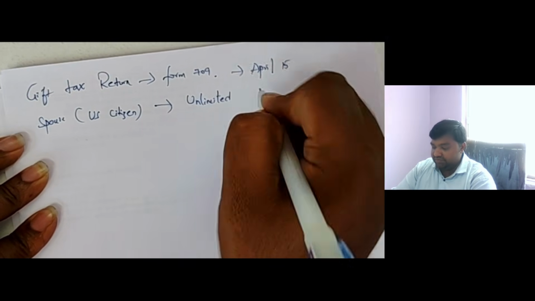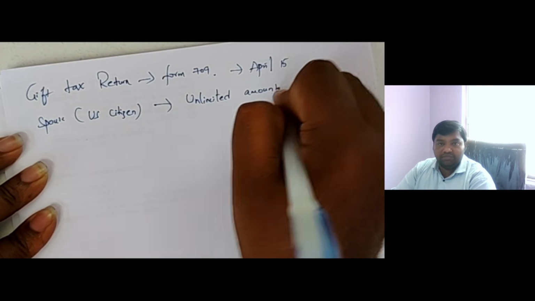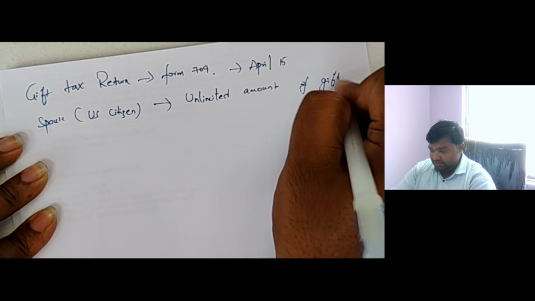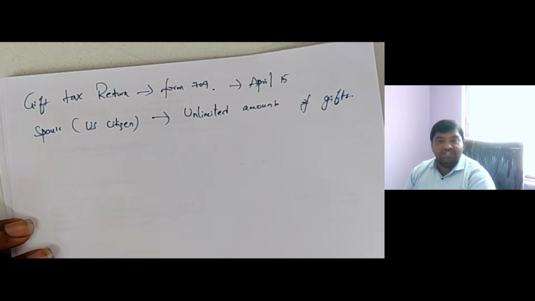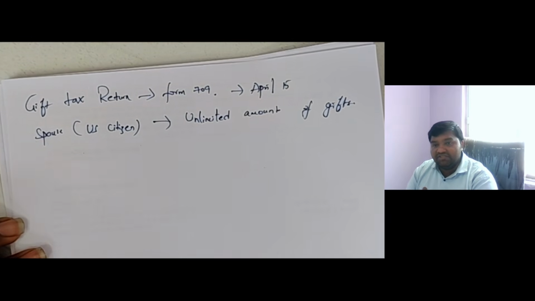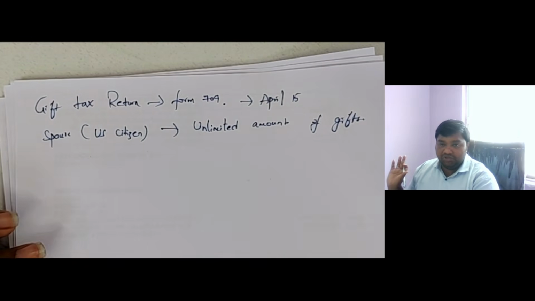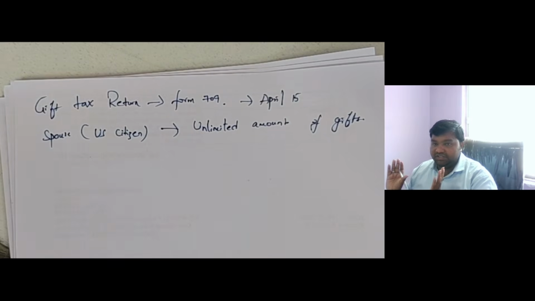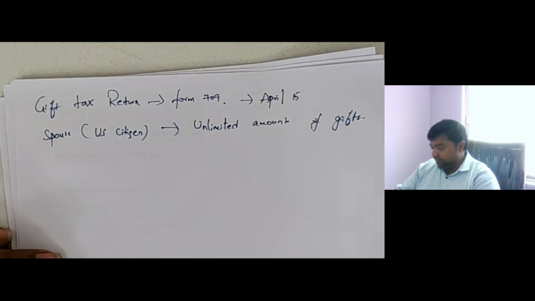Only for spouse. For your children you can't give unlimited. For your brother you can't give. If it exceeds 19,000 US dollars, it is taxable. Only for a spouse who is a US citizen, you can give gifts of unlimited amount. So even 1 million, 2 million you can gift to your spouse.